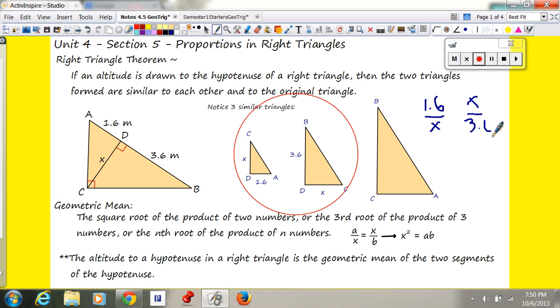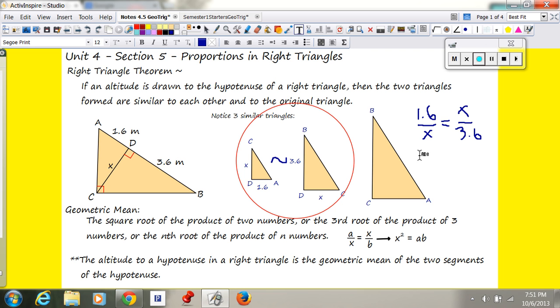I'm writing with my mouse, so it's a little tougher. These are two equal ratios because the two triangles are similar. That's supposed to be a similar symbol, and it doesn't look that great, so I'll do another one. There, a little better.